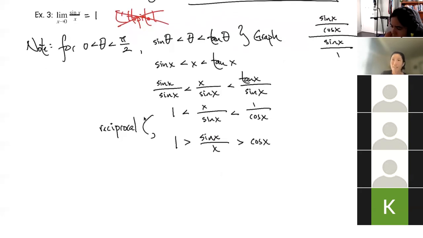Okay, so I take the reciprocal. Let me try and plug in my values again. So I got a 1. What's cosine of 0?